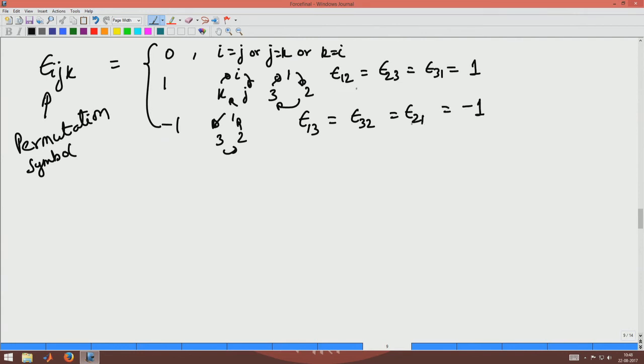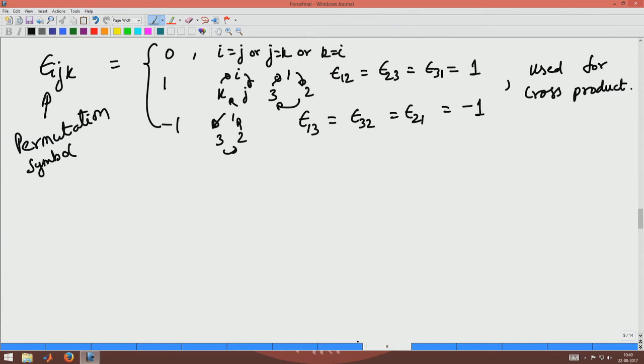Note the order of index, 1 2 and 2 1 have different signs here. This is called a permutation symbol, this is used for cross product. Where it is used, how it is used, we will understand shortly.